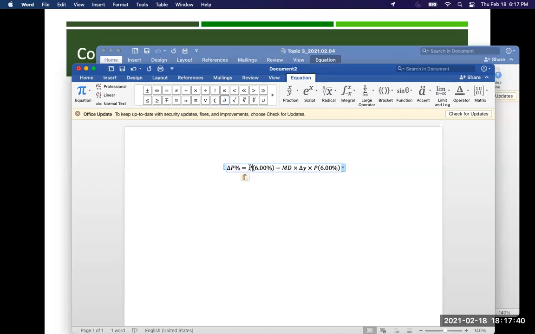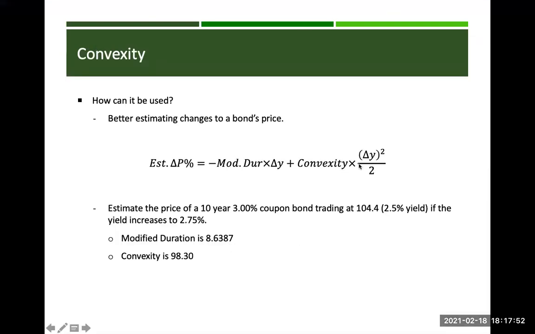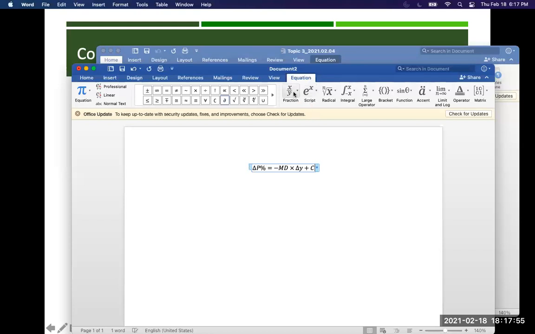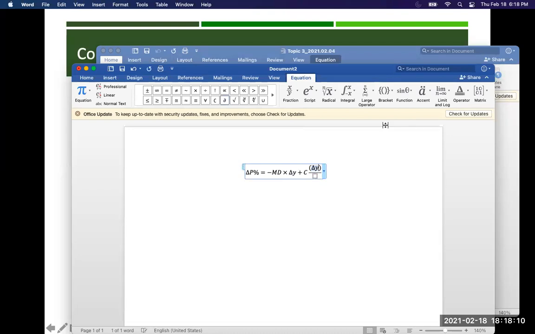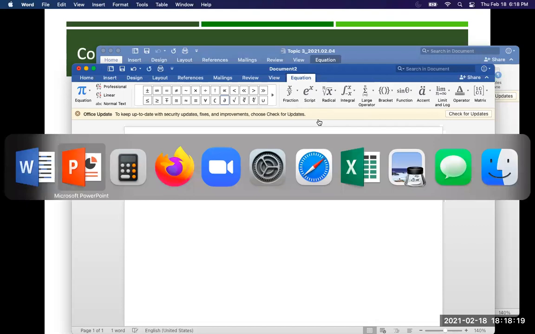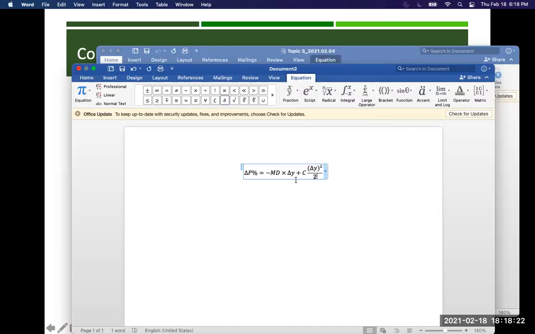Change in price is equal to negative modified duration times the change in yield plus, let's go back to my formula, convexity, so I'll just use C, times the change in yield squared over two. There's my convexity adjustment.